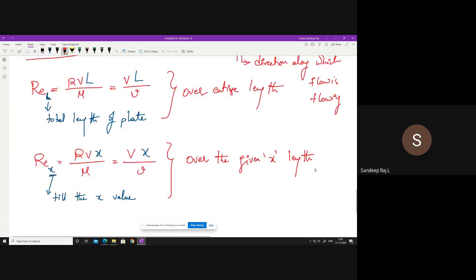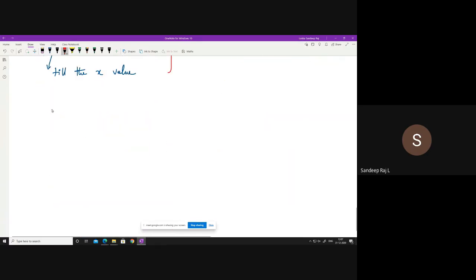Okay, let me give you an example. You will understand this better. Let me say this is a flat plate, and its length is 5 centimeters here and 3 centimeters here, and fluid is flowing like this.